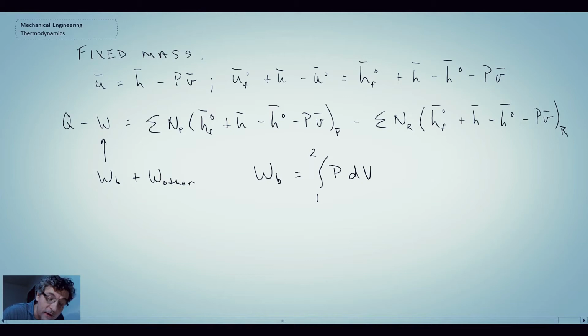First of all, let's take a look at constant volume. And for constant volume, what we have is the integral of P dV is equal to 0 because dV is not changing.